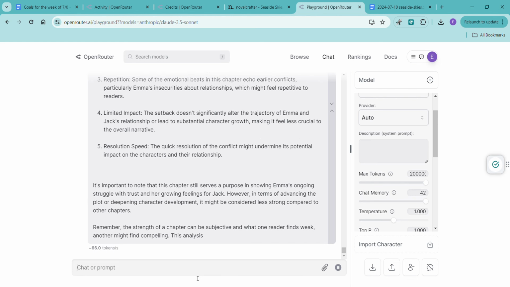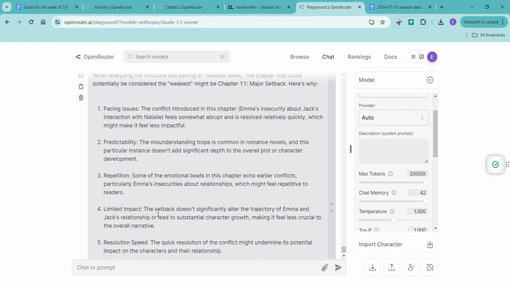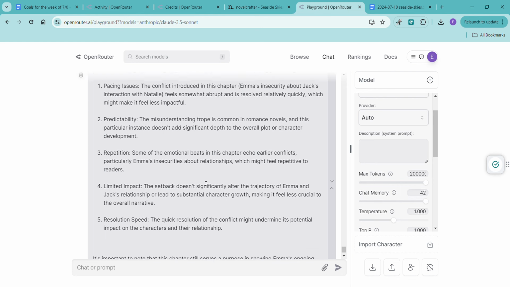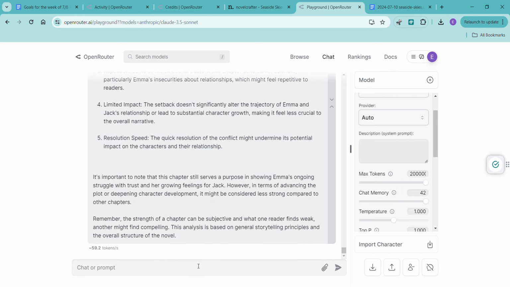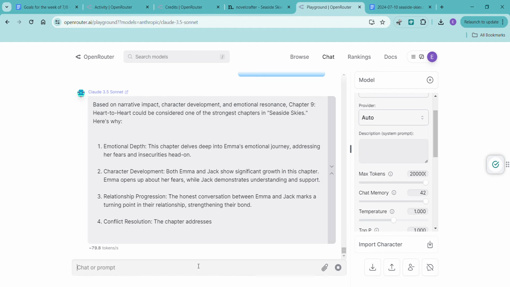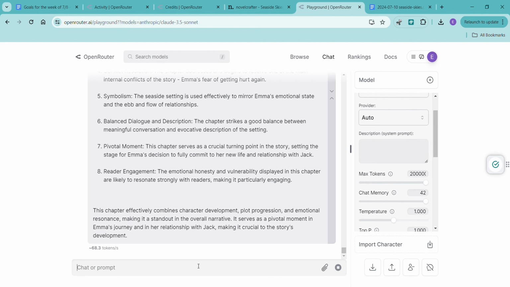Okay, so chapter 11 is the weakest chapter. Okay, chapter 9 would be the strongest.